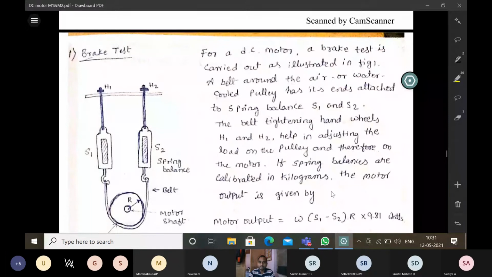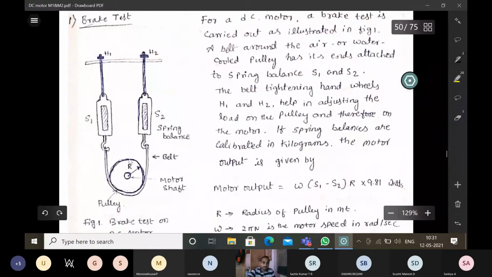How can it be performed? Suppose this is the motor, and this is the motor shaft. Around the motor shaft, a brake drum, a round pulley, is provided. A belt is placed on that brake drum, and the belt is connected to the spring balance.